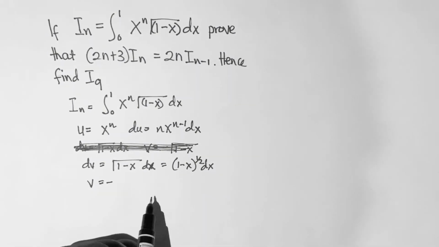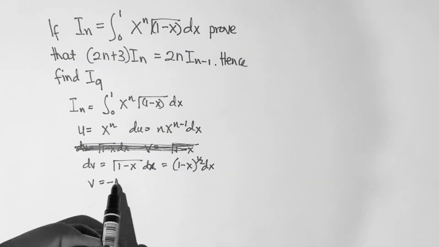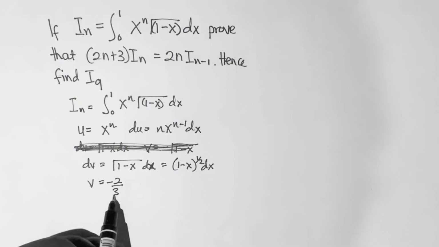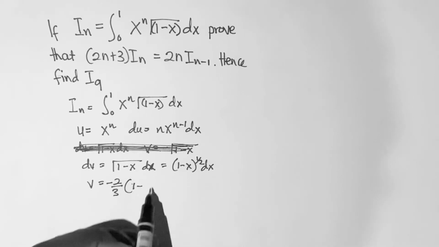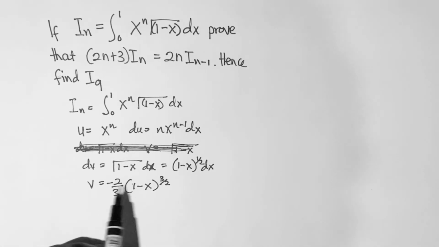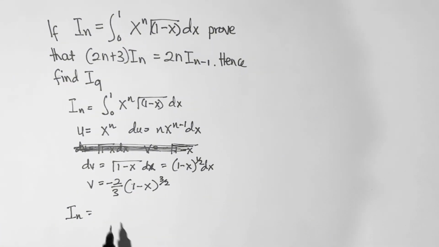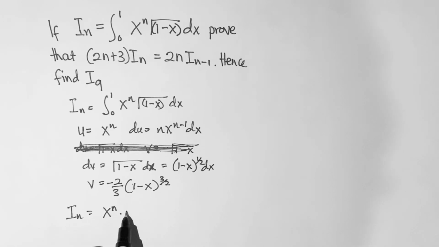Then you add 1 to a half, which gives us 3 over 2, and dividing by 3 over 2 means multiplying by 2 over 3, so we have (1 minus x)^(3/2). So this is v.